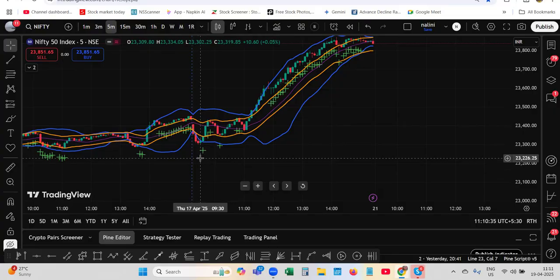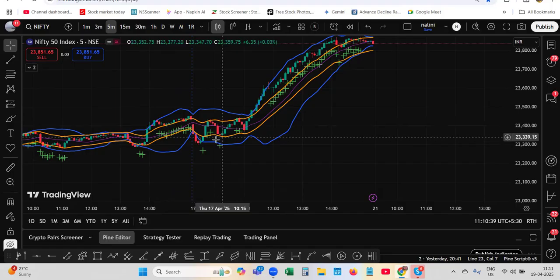It is indicating it is coming to the lower Bollinger Band, but it is not agreeing with the Keltner channel. Price is not coming below the Bollinger Band and it is trying to stay within the Keltner channel. That means price is respecting the average true range.